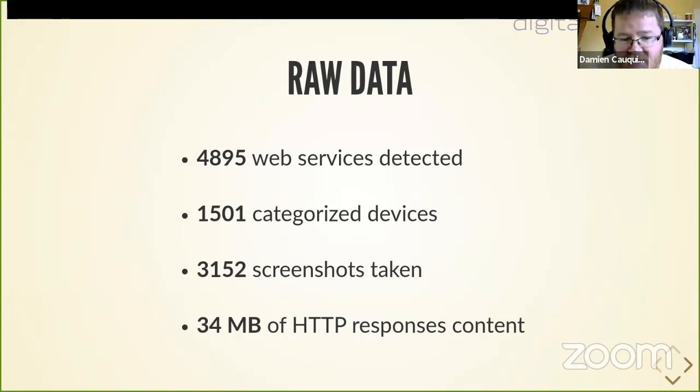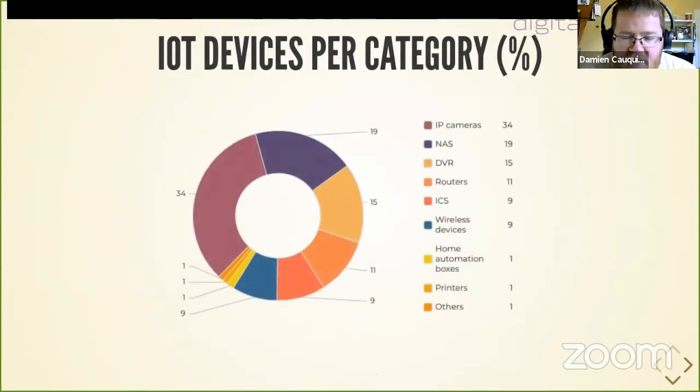My system took 3,152 screenshots, which is weird because I should have the same number of screenshots as the web services. I don't know what went wrong during my scan, but something did not happen as expected, but anyway, and I got 34 megabytes of HTTP answers from various web services.